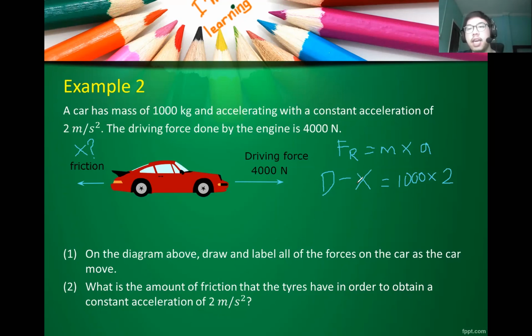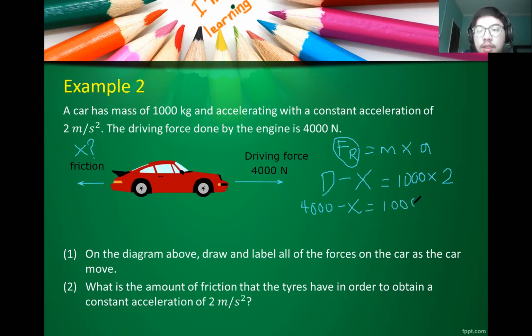Right, so D minus X. So that means if we want to get the resultant force, we need to have D minus X, so driving force minus the friction. Now we know what the driving force is. The driving force is 4,000. Let's just put that value in. And friction is the X, and that is what we want to find.